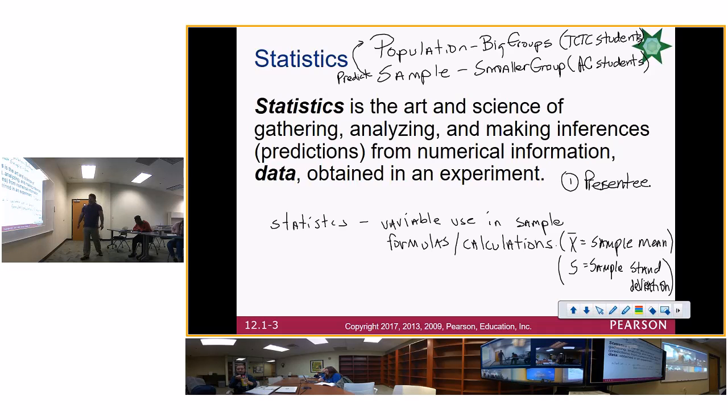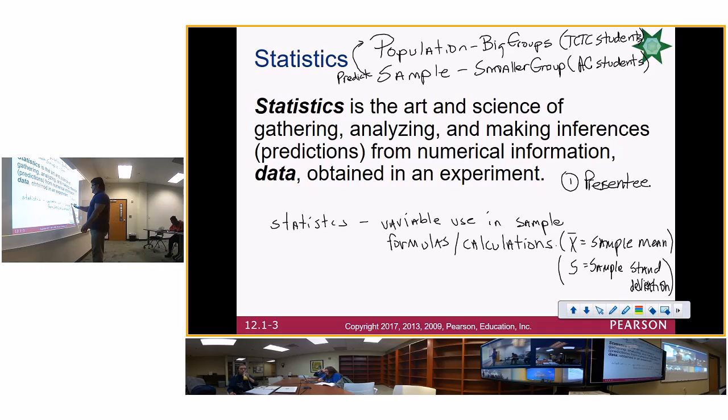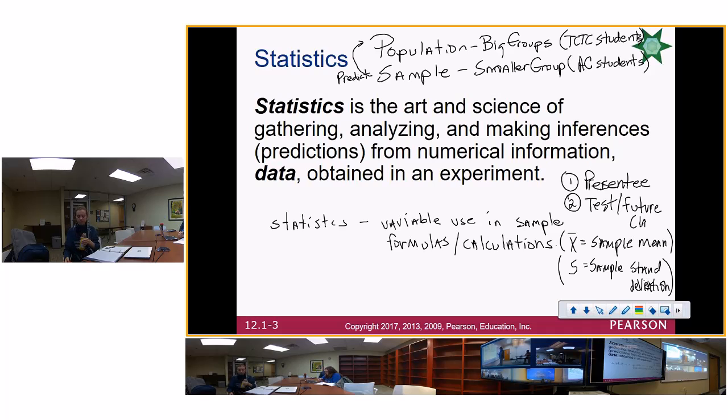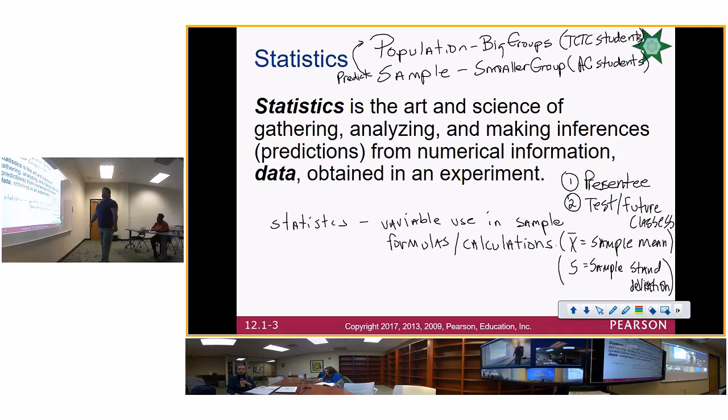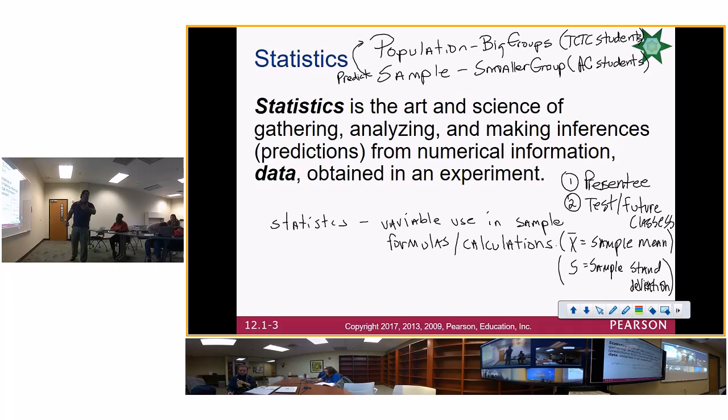And the second reason that we go through probability and statistics is for your tests and future classes. If you take my Math 120, this is Unit 1 right here. What we're doing right now, 12.1 through 12.4, is a lot to do with Unit 1 in 120 and 103. So that's why.